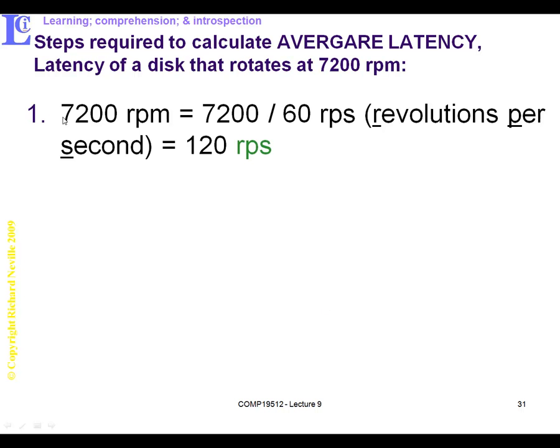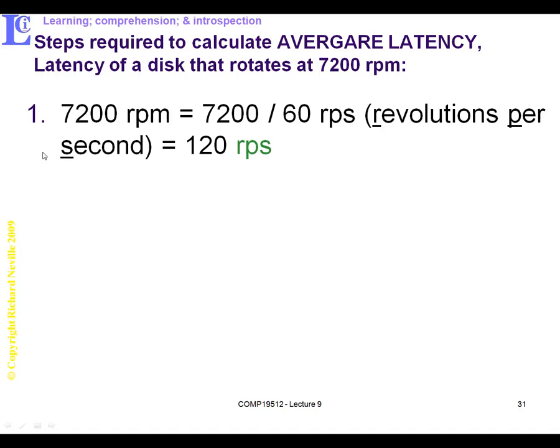The first step, because this average latency takes a number of steps, given 7,200 RPM, we divide it by 60. So we move from revs per minute to revs per second. It's 7,200 divided by 60, and that is 120 revs per second.